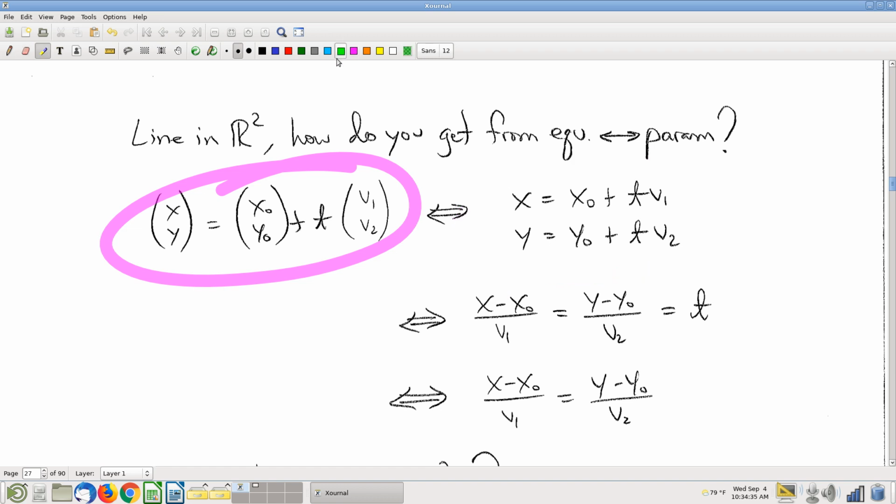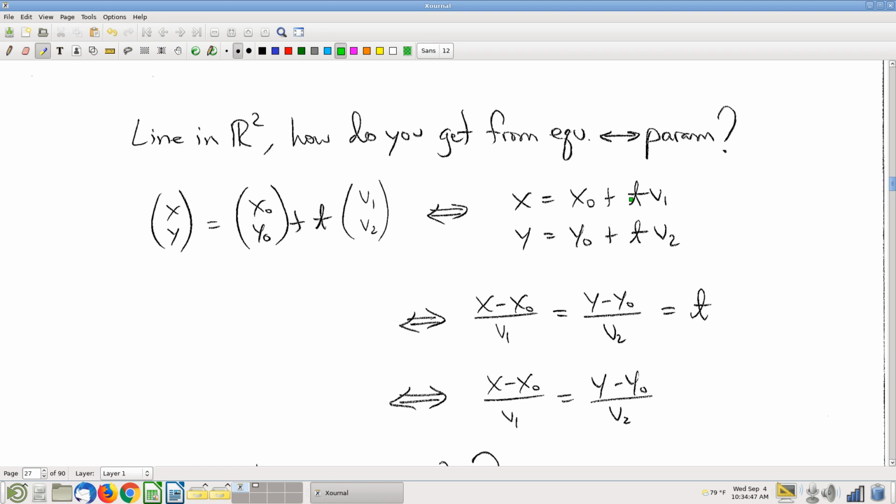If you give me a single value of t, out will come a point that satisfies these two equations. That one single value of t will simultaneously generate the correct x and the correct y coordinate for your point.